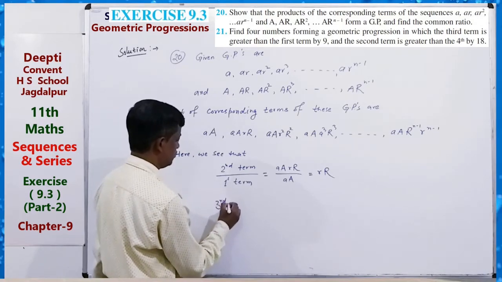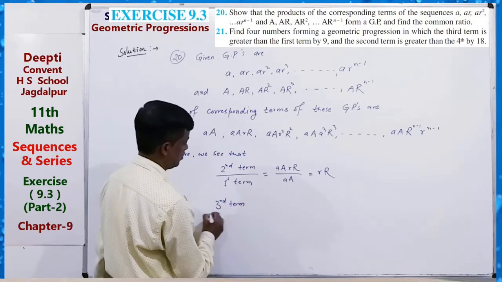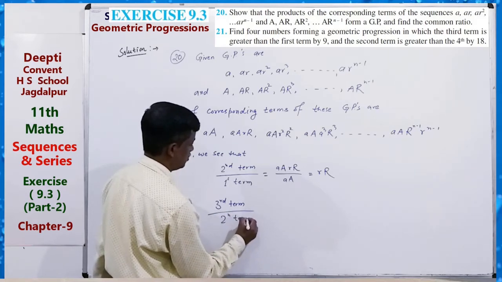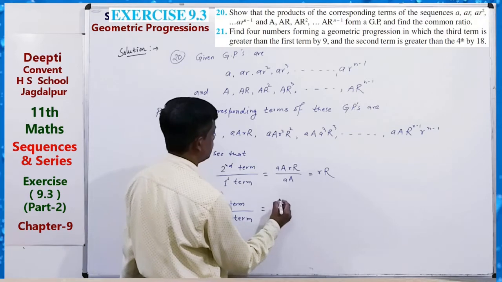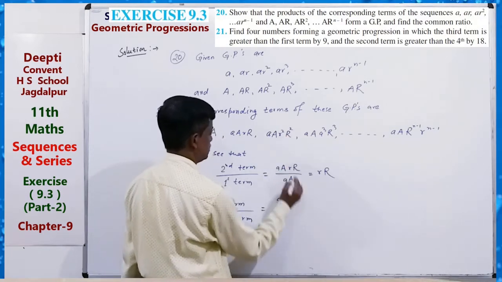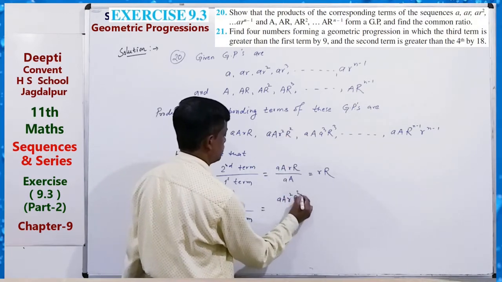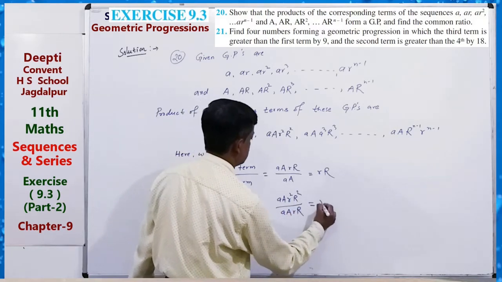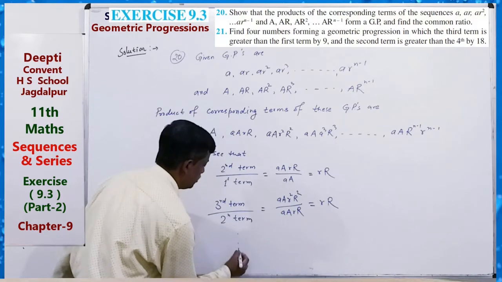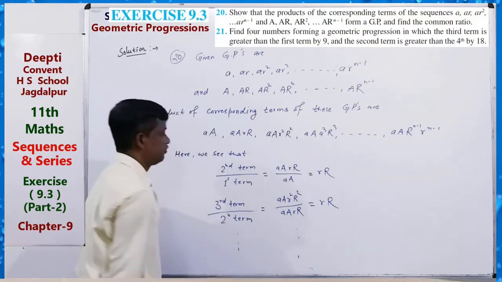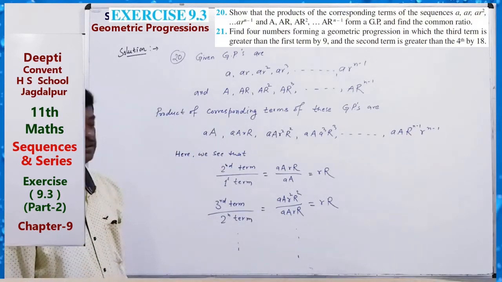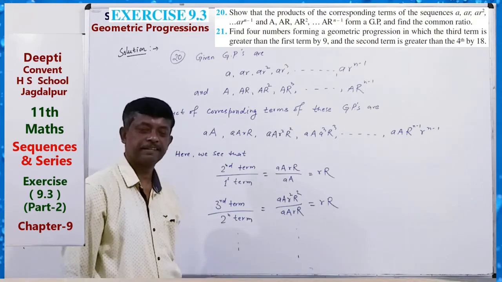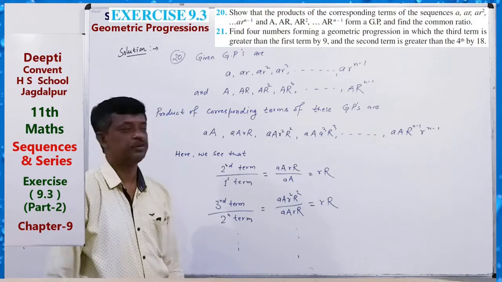Third term upon second term is r square upon the same, and so on. Same, we can see.